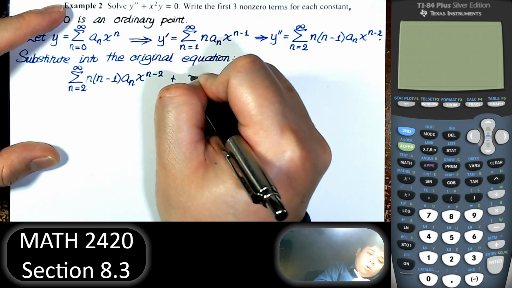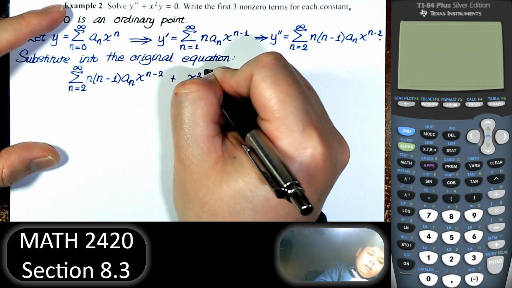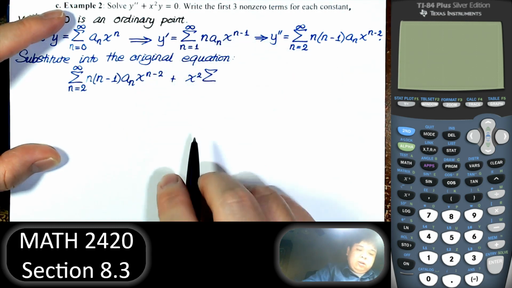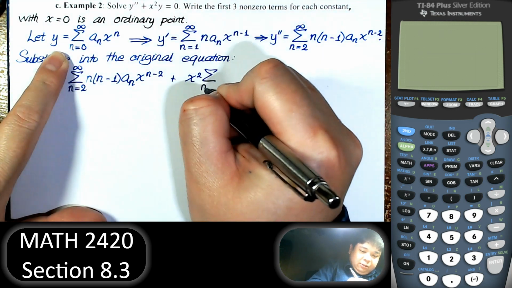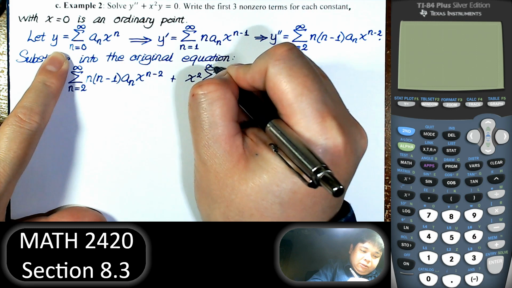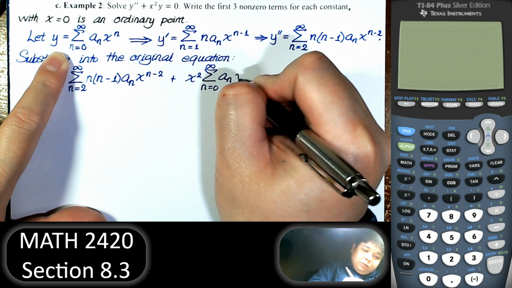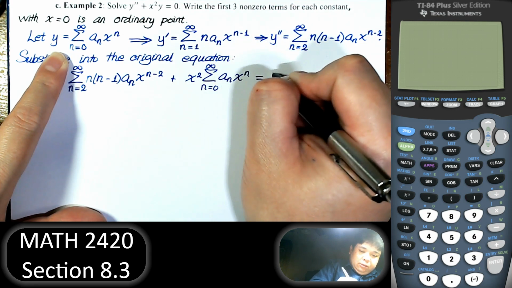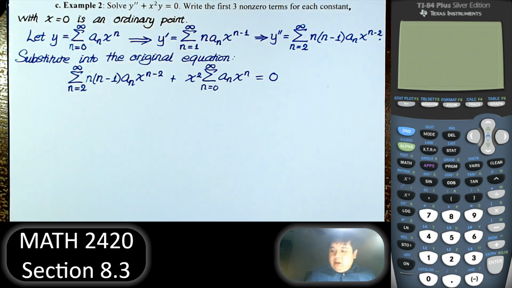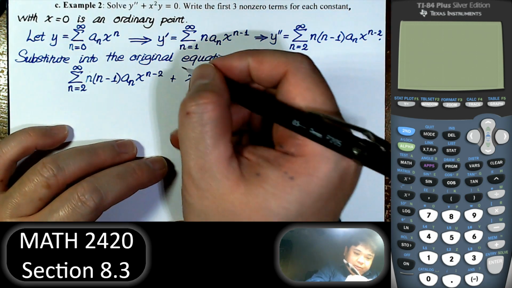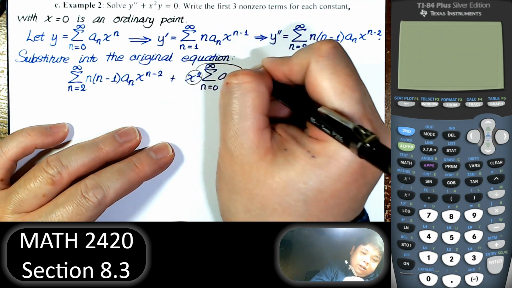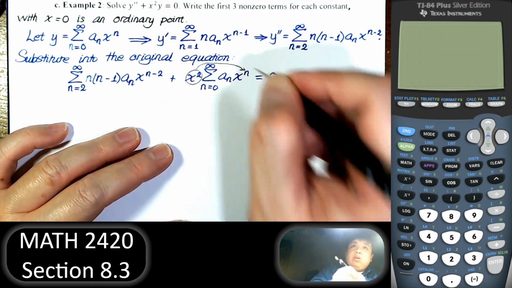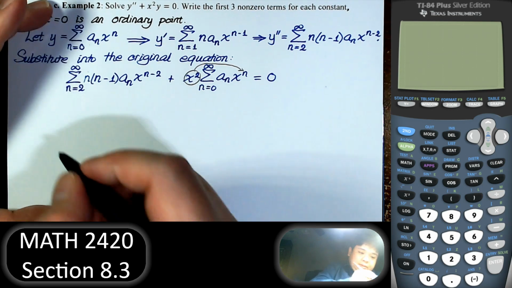And then plus x squared multiplied by the function. The first thing I'll do is multiply this inside, so that makes this power n plus 2.